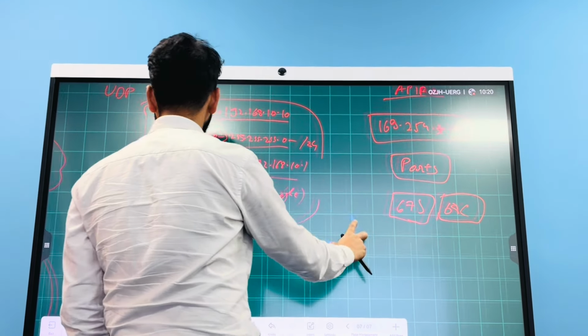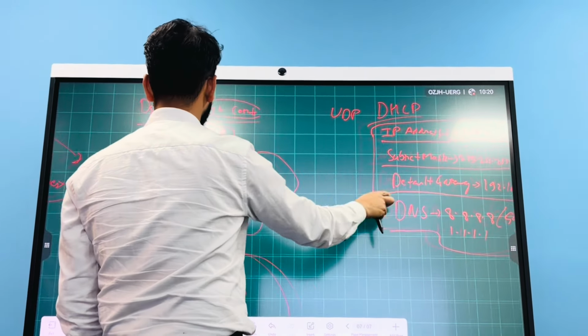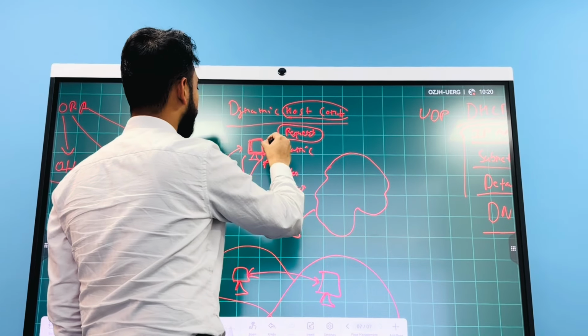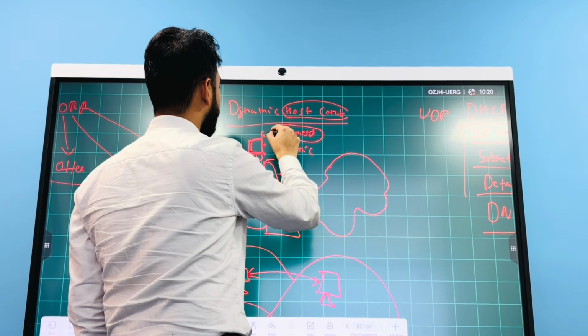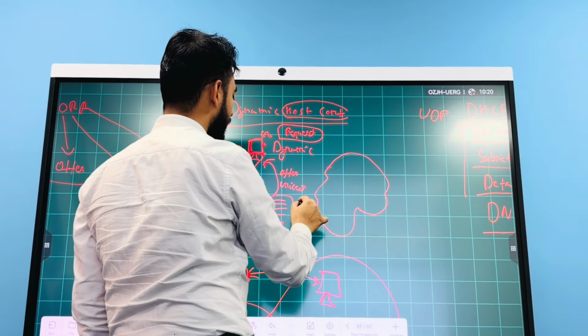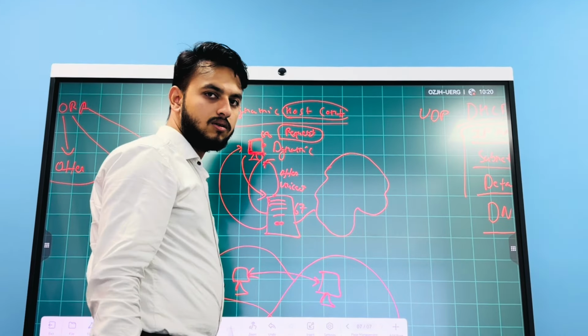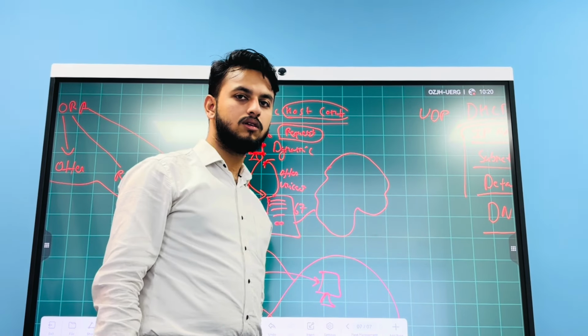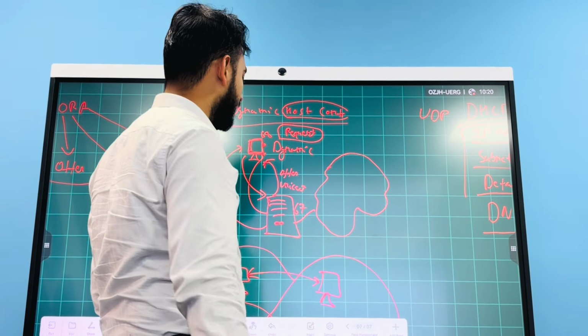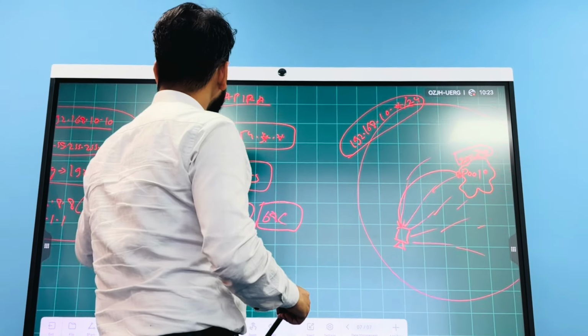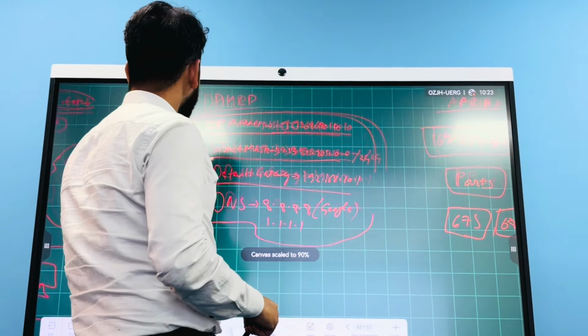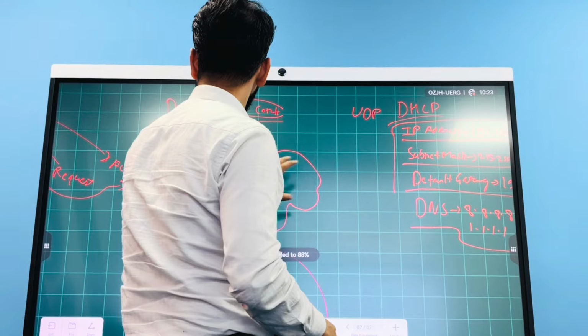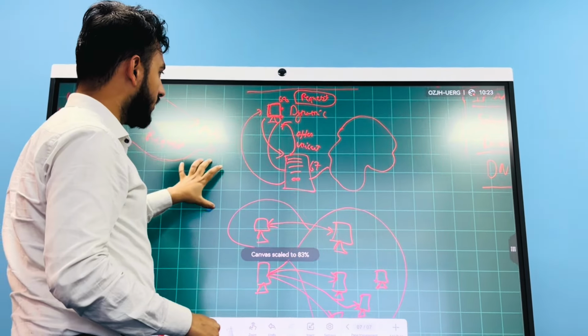For example, this PC will use port number 68 and the server will be using port number 67. Okay, so this is all the basics of how the DORA process works. Okay, so this is it, the complete procedure of DORA process, how it's done.